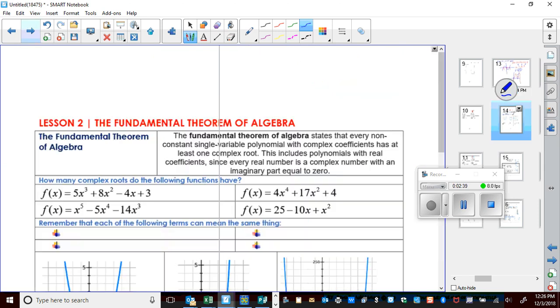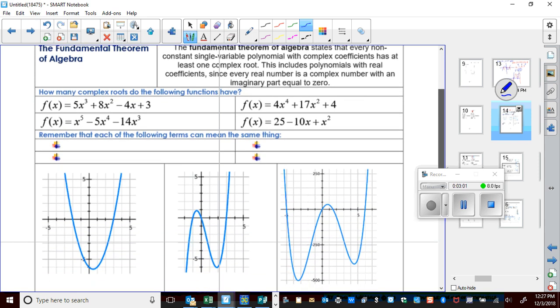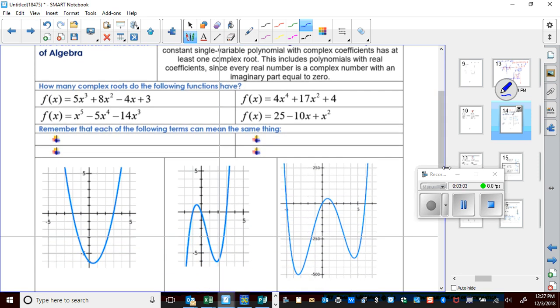So here we're exploring the fundamental theorem of algebra, which states basically that every non-constant single variable polynomial with complex coefficients has at least one complex root. This includes polynomials with real coefficients, since every real number is a complex number with an imaginary part. So every polynomial has complex roots.